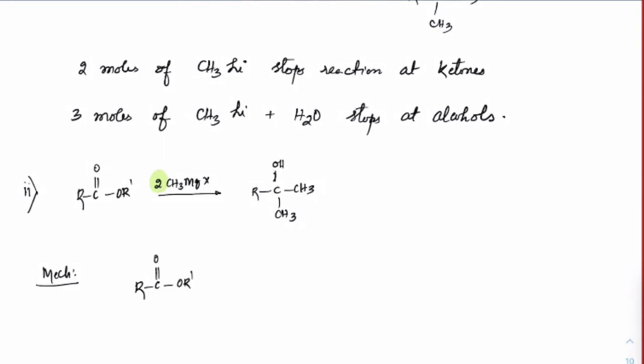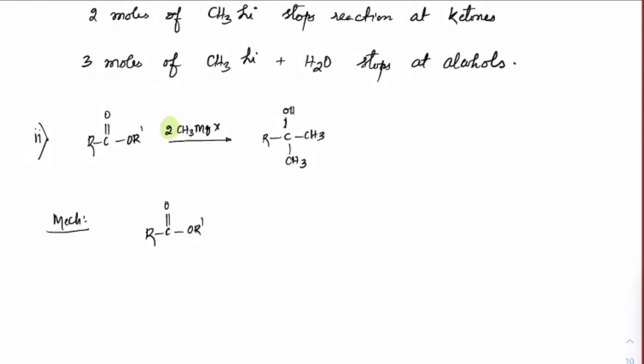See, aldehydes, ketones, acid derivatives, everything goes through the same mechanism, nucleophilic addition only. So you should be clear at the back of your mind that most of the time nucleophilic addition is the rate determining step. The first step where the nucleophile is adding is the rate determining step. That's very generic, so we don't have to keep mentioning it again and again.